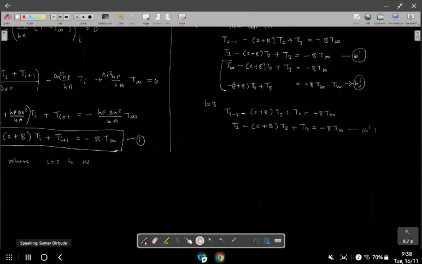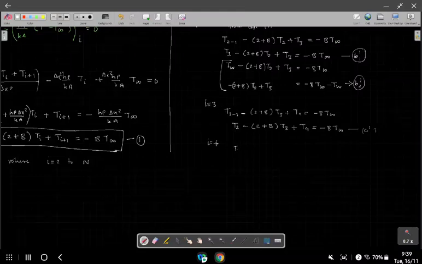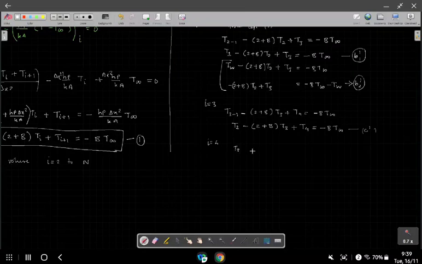Similarly, at I is equal to 4, you see, when I is equal to 3, this is 2. When I is equal to 4, this should be 3. We will get a similar pattern of the equation. The central value is T4, plus the increased value T5, is equal to minus B T infinity.